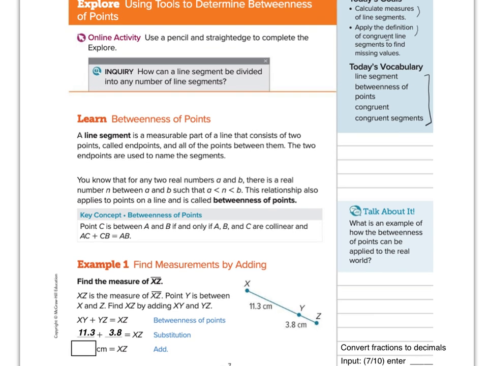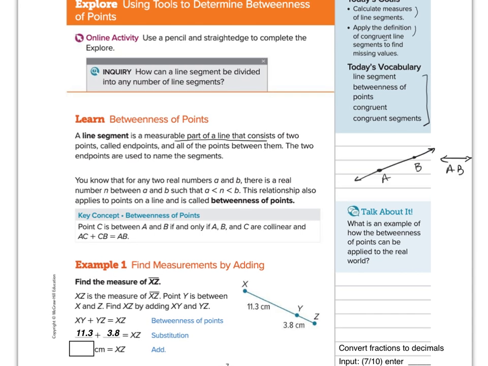A line segment is a measurable part of a line that consists of 2 points. We have endpoints, okay? All of the points between the 2 endpoints are used to name those segments. As we learned last section, line AB right here would be a line because we have arrows going in both directions forever and ever.